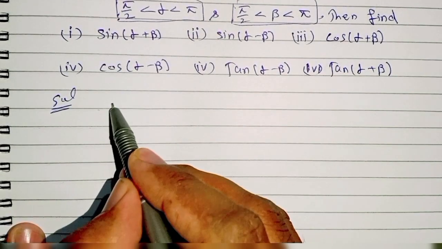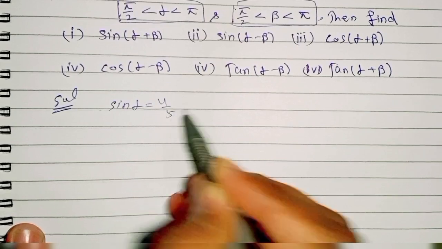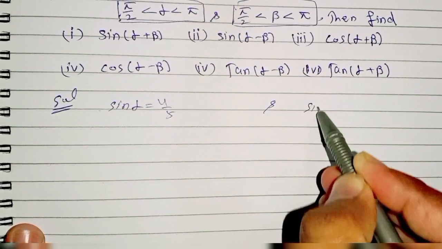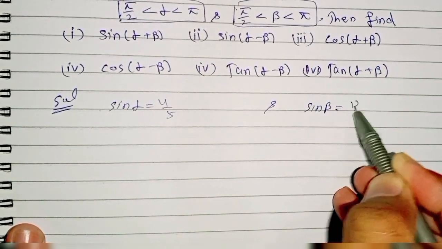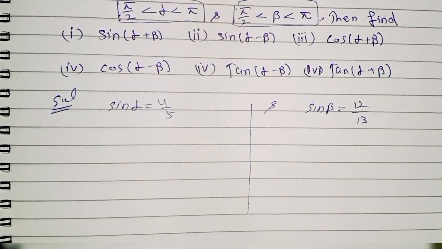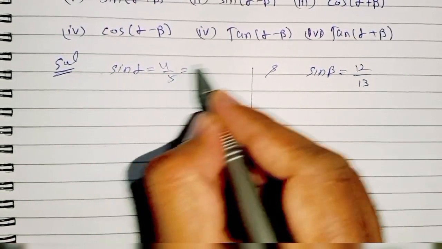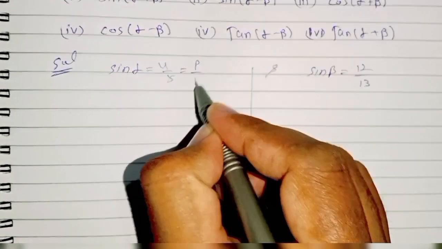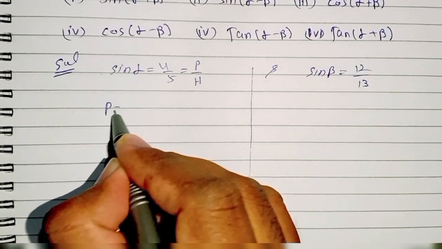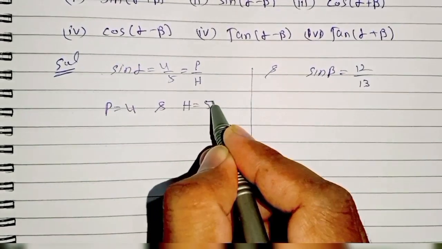Now consider, given that sin alpha is equal to 4 over 5 and sin beta is equal to 12 over 13. Since we know that sine is perpendicular over hypotenuse, P is equal to 4 and H is equal to 5.